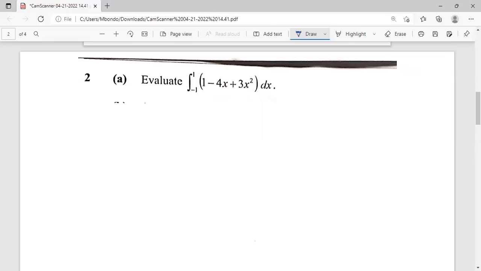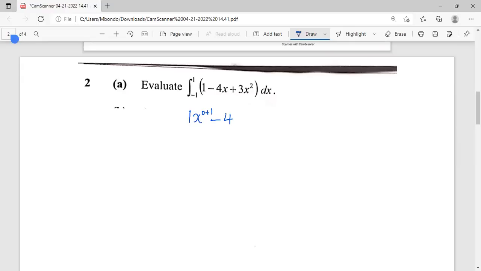So here we are going to have the first one, 1 x to the power 0 plus 1, minus 4 x to the power 1 plus 1. Then again we do the same thing here, 1 plus 1.